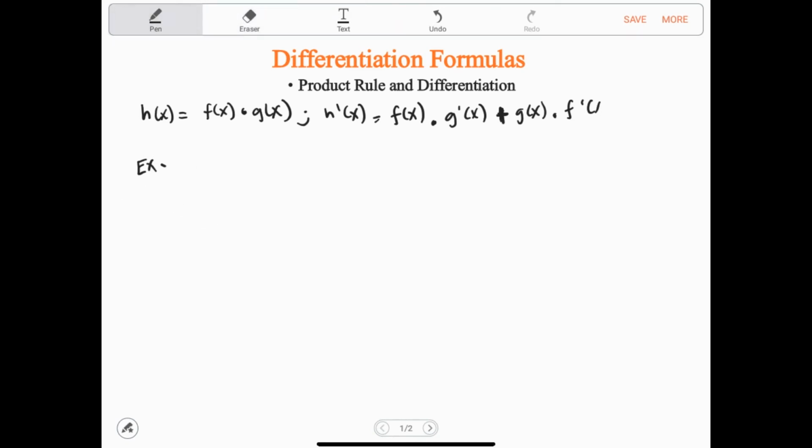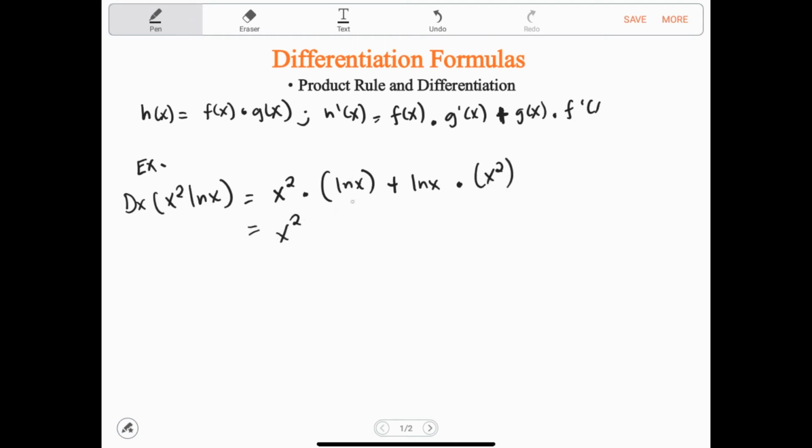Let's say the derivative of the quantity x squared times ln x is equal to x squared times the derivative of ln x, plus copy ln x times the derivative of x squared.